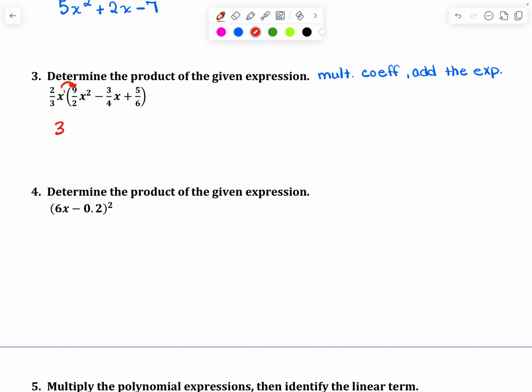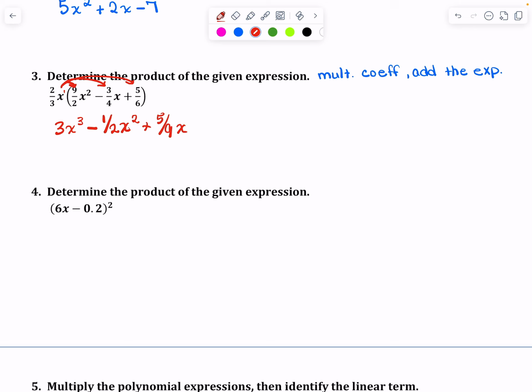X to the first, x squared, gives us x to the third. 2/3 x times negative 3/4, positive times a negative is a negative. 2/3 and 3/4 is 1/2 x squared. And then 2/3 times 5/6 is positive 5/9 x.